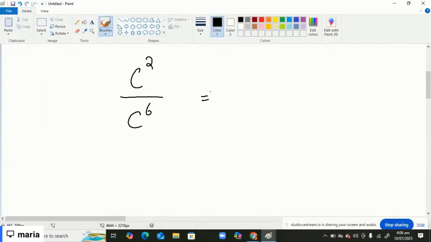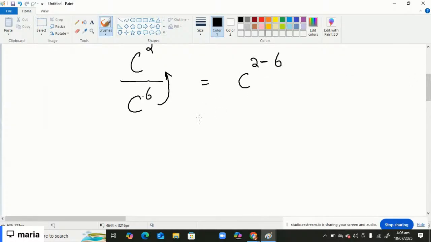The same method we apply. See, this stays as it is in the numerator. But when some numbers or powers move from the denominator to the numerator, their sign changes, okay? How? Look here, this is the plus sign with that 6. Now when it moves, it becomes the minus sign. So here is 2 minus 6.